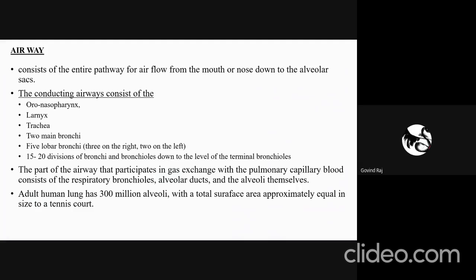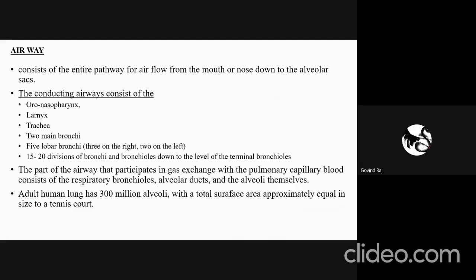Because the heart is situated at that portion, the lung is a little constricted. That's why we have a variation in the number of bronchi branching.